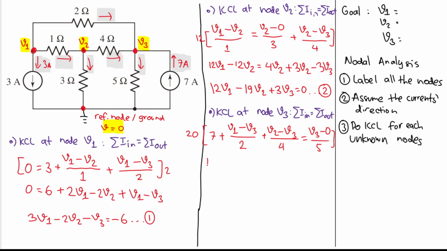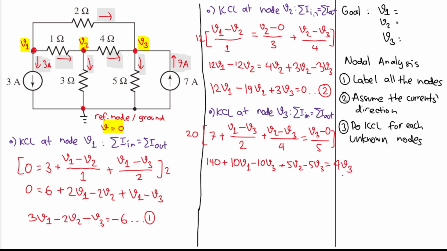So we will have 140, and I think we'll have 10 V1 minus 10 V3, right? And this one will be plus 5 V2, 5 V2 minus 5 V3. Okay, and this one here will be equal to 4 V3.